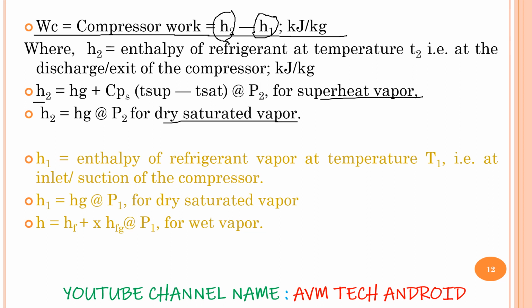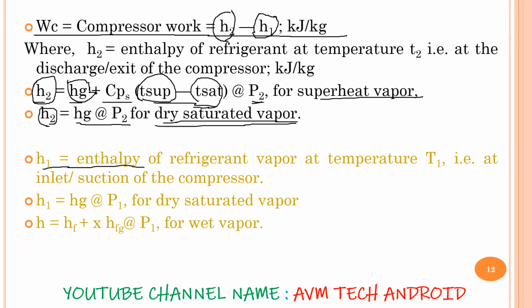H2, the enthalpy at state 2, equals the enthalpy of vapor Hg at P2 pressure plus Cp of vapor refrigerant into superheat temperature minus saturation temperature at P2 pressure. Or if the vapor is dry saturated, then H2 equals the enthalpy of vapor at P2 pressure.